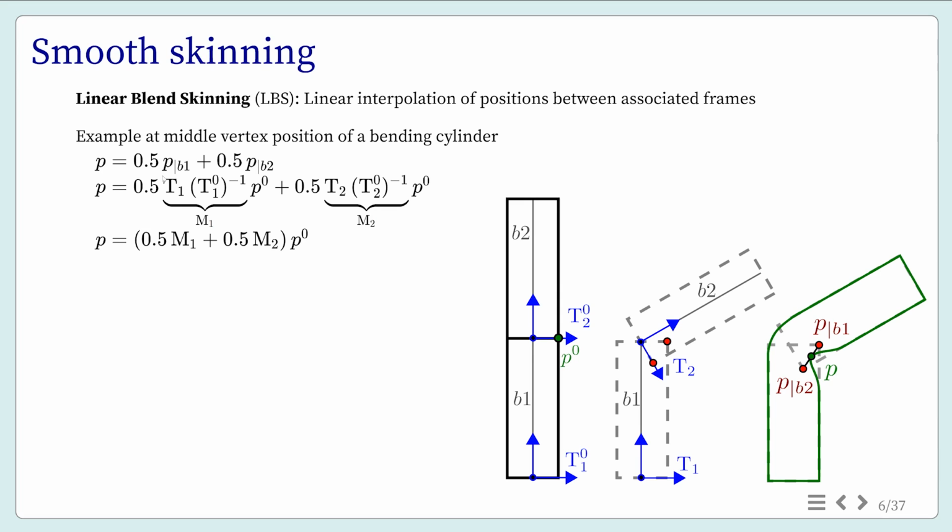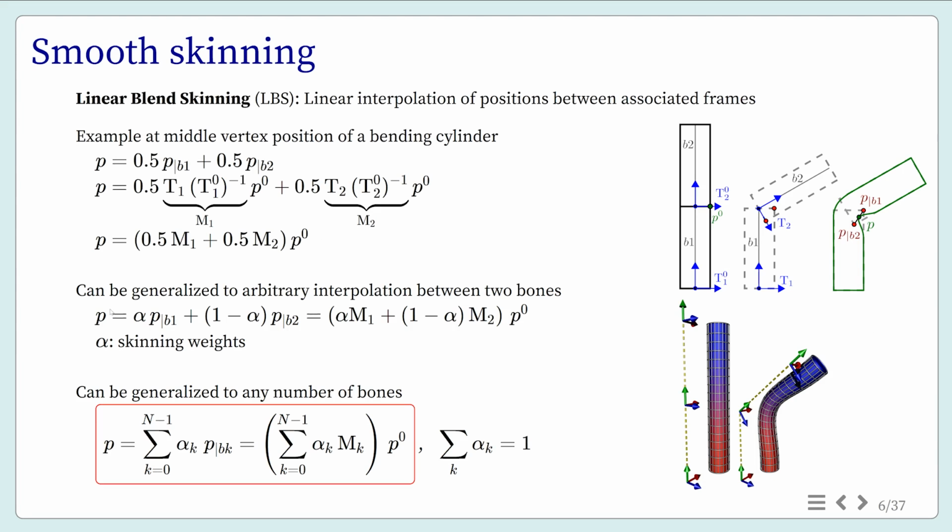If we expand the expression of P with respect to B1 with its matrix and P with respect to B2 with its own matrix, then we can see that at the end, the position P is given by a linear blending between the transformation matrices that are applied to the position P0.